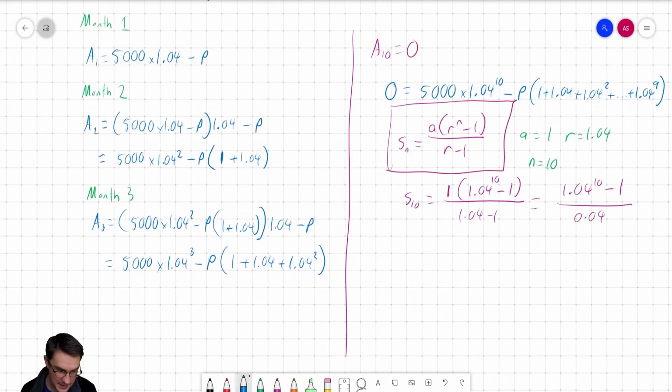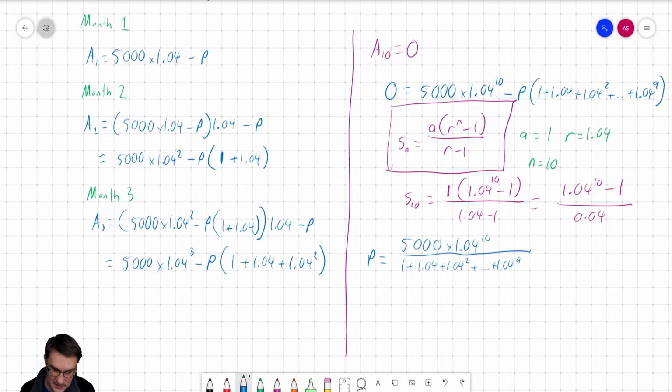Now, putting this back in and rearranging from up here, we do this in 2 steps. Let's rearrange it first. P is going to be equal to 5,000 times 1.04 to the power of 10 over 1 plus 1.04 plus 1.04 squared plus all the way up to 1.04 to the power of 9.